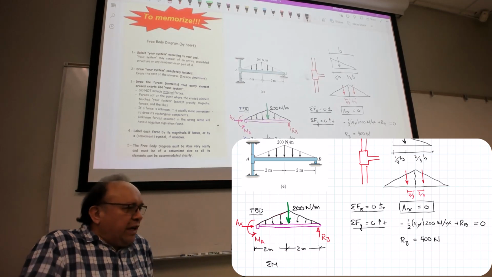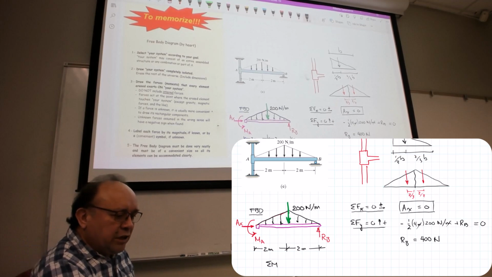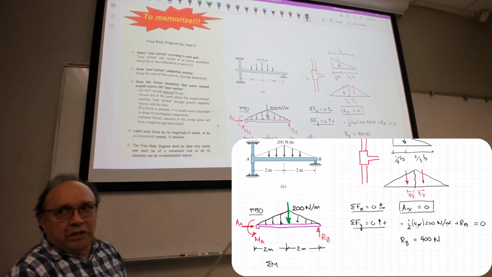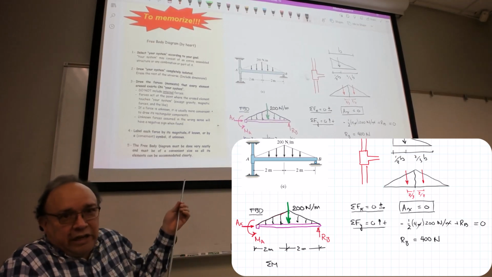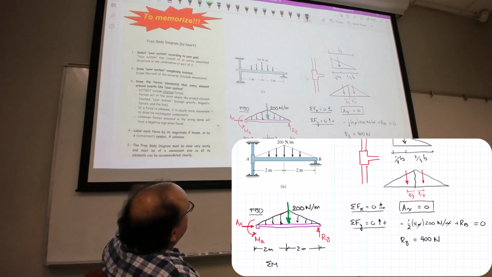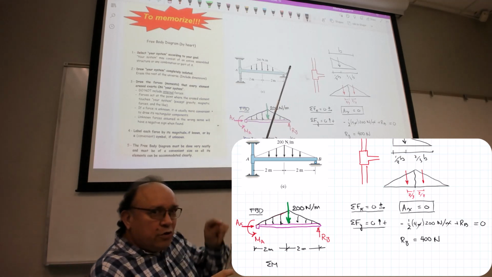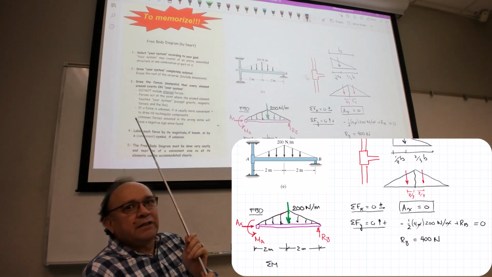You can choose any point. We said we can do the equilibrium of moments with respect to any point, and it's going to be irrelevant. Any point works, so you choose the point that you like best. Remember that when a force goes through the point it doesn't produce moment, right?